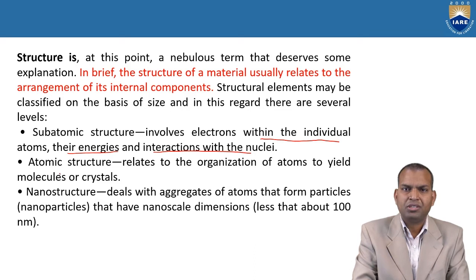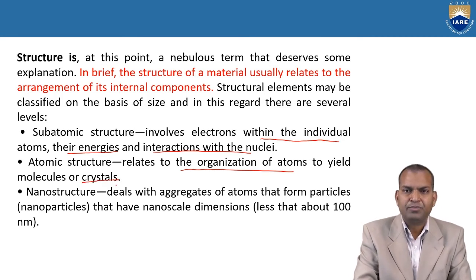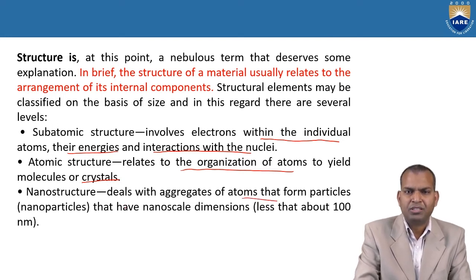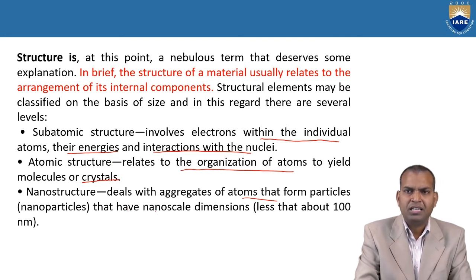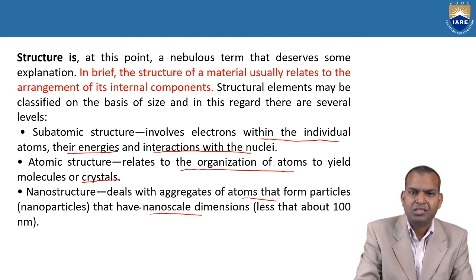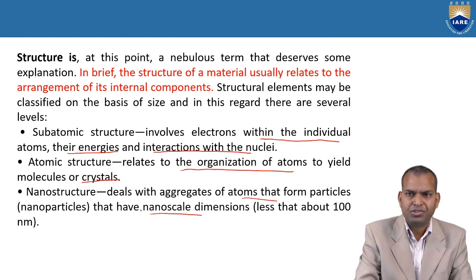Atomic structure is related to the organization of the atoms to yield molecular crystals. What is nanostructure? The scale is at the nano level and deals with aggregates of atoms that form particles, or nanoparticles, that have nanoscale dimensions, that is less than 100 nanometers.